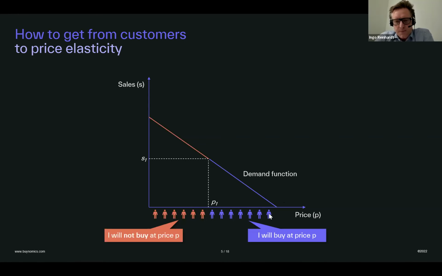It means essentially that people are standing at equal distance down here if we sort them by their maximum willingness to pay. If we have, for example, a more exponential demand function, which looks like this and has a constant price elasticity, that would mean that people stand increasingly closer together as we get closer to a price of 0. And there are, of course, other types of demand functions that might be applied.